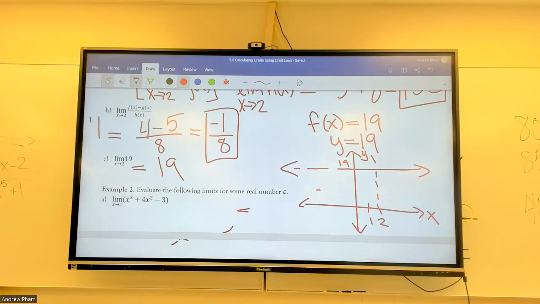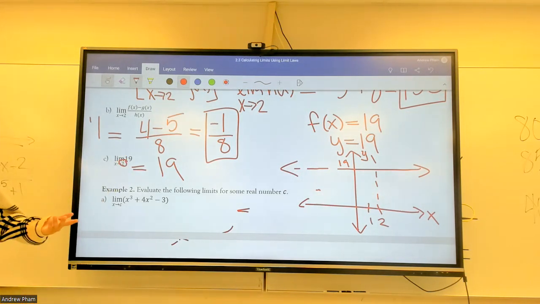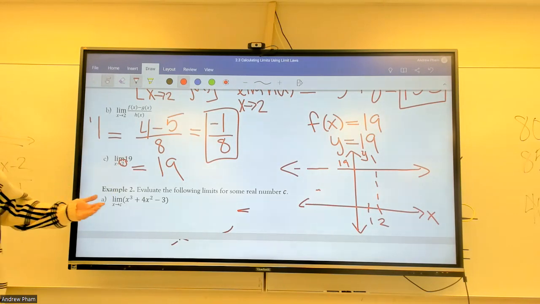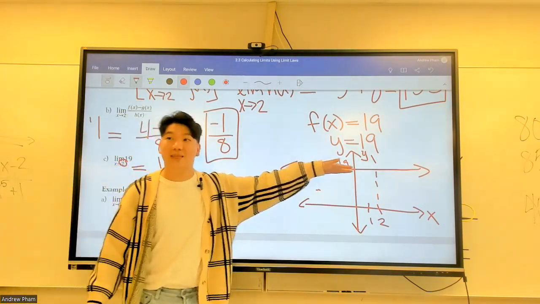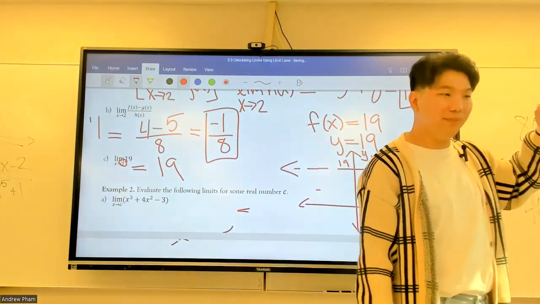Here's another question I want to ask about part C. Do y'all think anything would change if I took the limit as x goes to 44 of 19? In other words, if I change this number. No, it's not going to change anything because my function is flat the entire way. My y value is not changing the whole time.